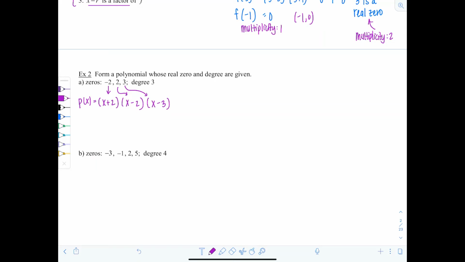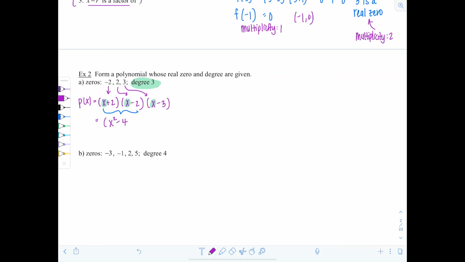Okay, would this be degree 3 if we multiplied it all out? It sure would, because I would have x cubed as the highest power of x in the end. Now when we're multiplying it out, have some sense about you and notice that x plus 2 times x minus 2 is going to give us a lovely difference of squares. So let's go ahead and multiply those first.